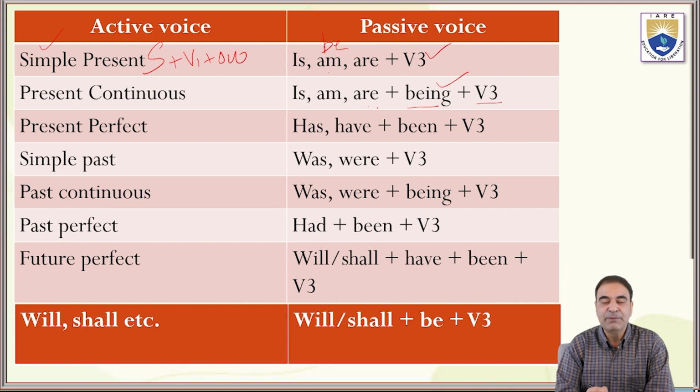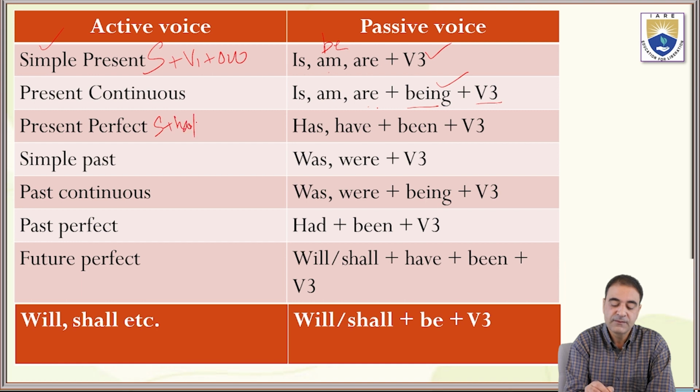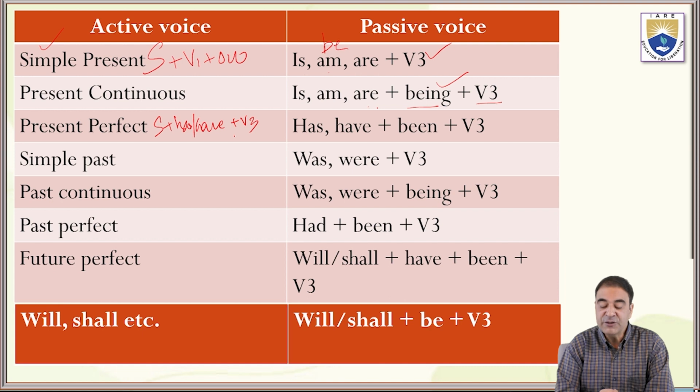Then we have present perfect, and the structure for present perfect is subject plus has, have plus verb in third form. And it will change into has, have plus been plus verb in third form. For perfect tenses, we use been. Therefore, has, have plus been plus verb in third form.